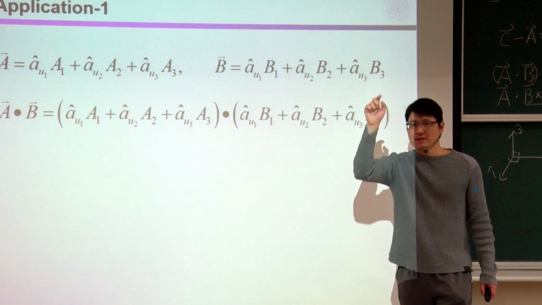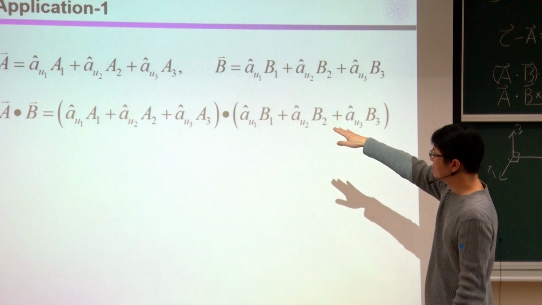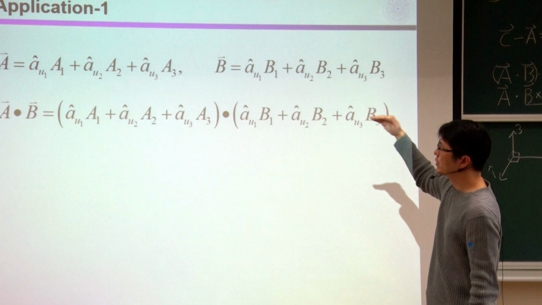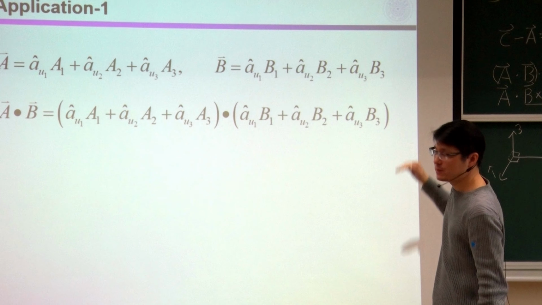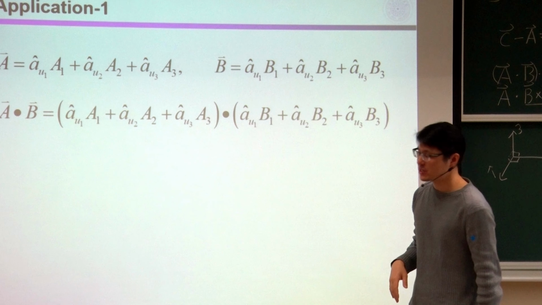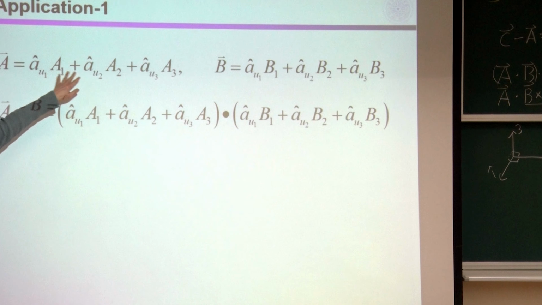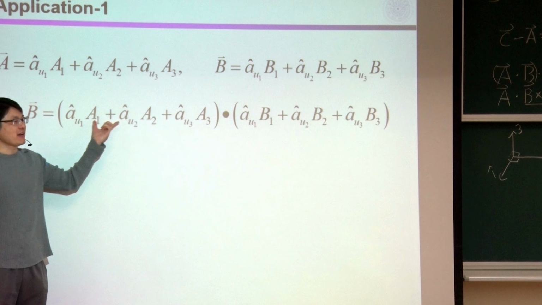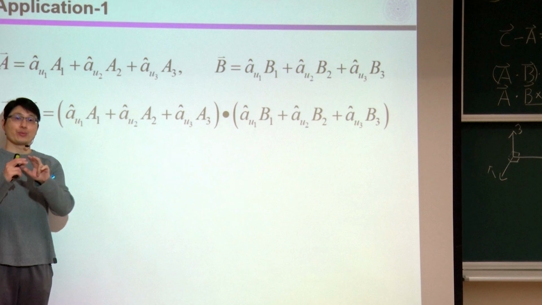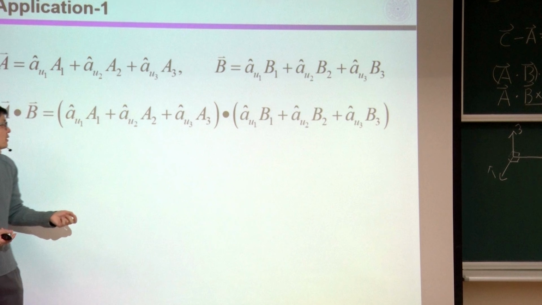Without drawing the vectors, once you can write the vectors in a given orthogonal coordinate system, you can perform immediate and direct calculations. A dot B, by definition: each vector can be written in three components with their corresponding directions, right?